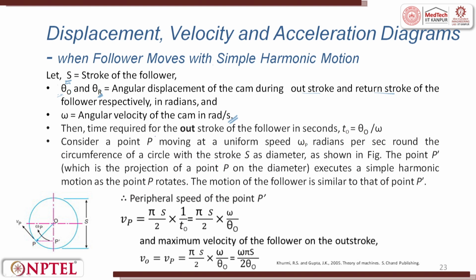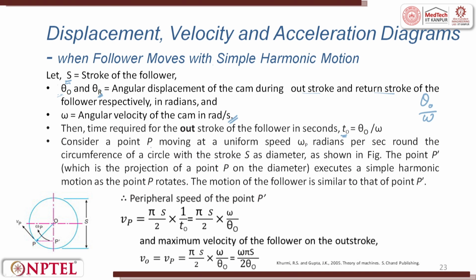Then the time required for the outstroke of the follower in seconds is t O equal to theta O divided by omega. So, you get this t O.